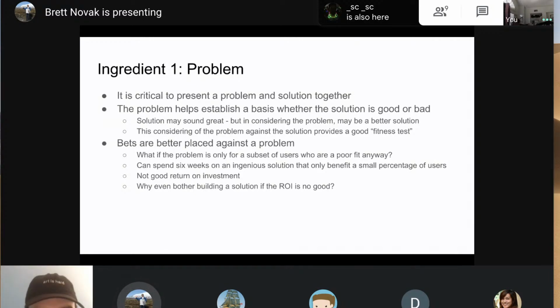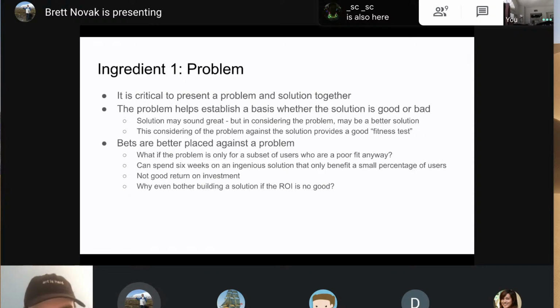To go into more detail about each ingredient, the first ingredient, the problem. It is critical to present a problem and solution together. The problem helps establish a basis for whether the solution is good or bad. The solution may sound great, it may be an awesome solution, but it may not necessarily apply to the problem that we have.